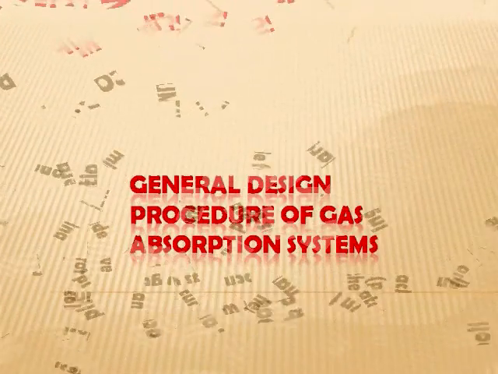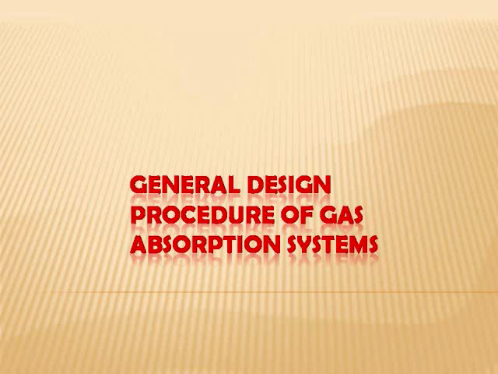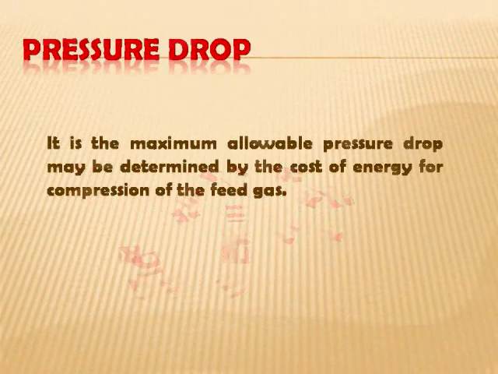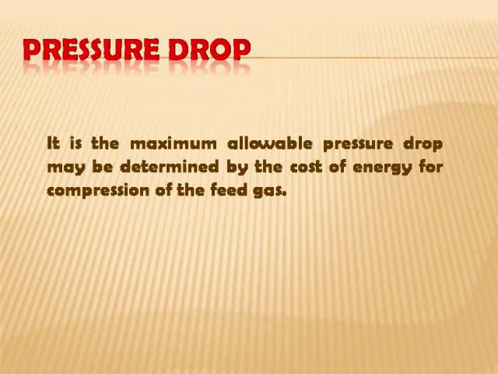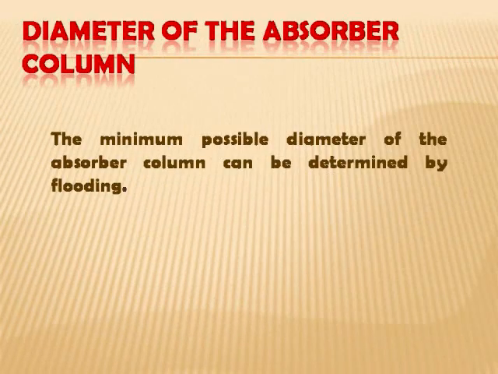Now, moving on to another important part of the factors to be considered in the general design procedure of a gas absorption unit, we now have the pressure drop. And for the maximum allowable pressure drop, it actually depends on how much energy was used for the compression of the feed gas. Next, let us consider the column diameter.